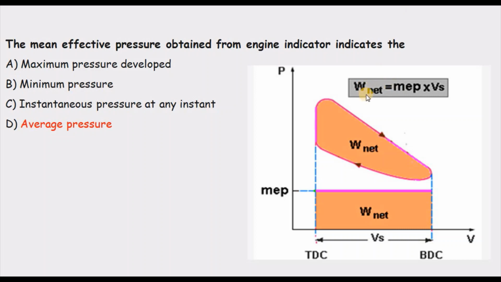We know that the work done W is equal to P into V, PV work. Here P indicates the mean effective pressure and V indicates the swept volume. This product is what we denote as the net work.